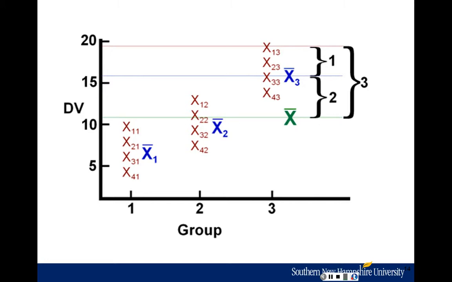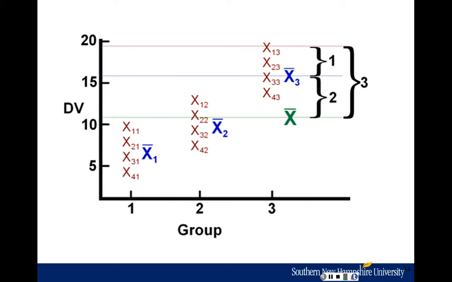So you have each group mean and its variability, so a mean plus or minus a standard deviation. And you can compare that to the overall group mean, so the green X, and its standard deviation. So the overall group, all 12 people combined here, has a mean and a standard deviation.